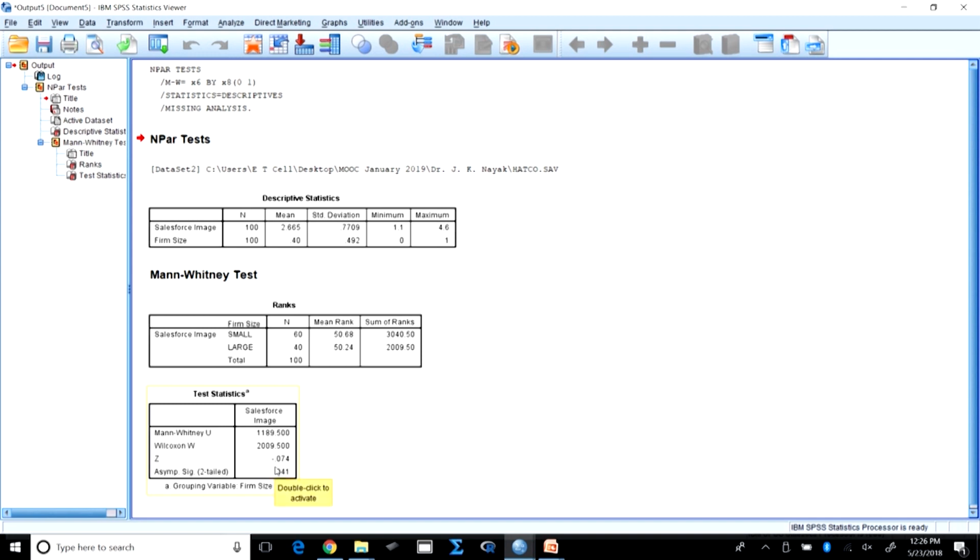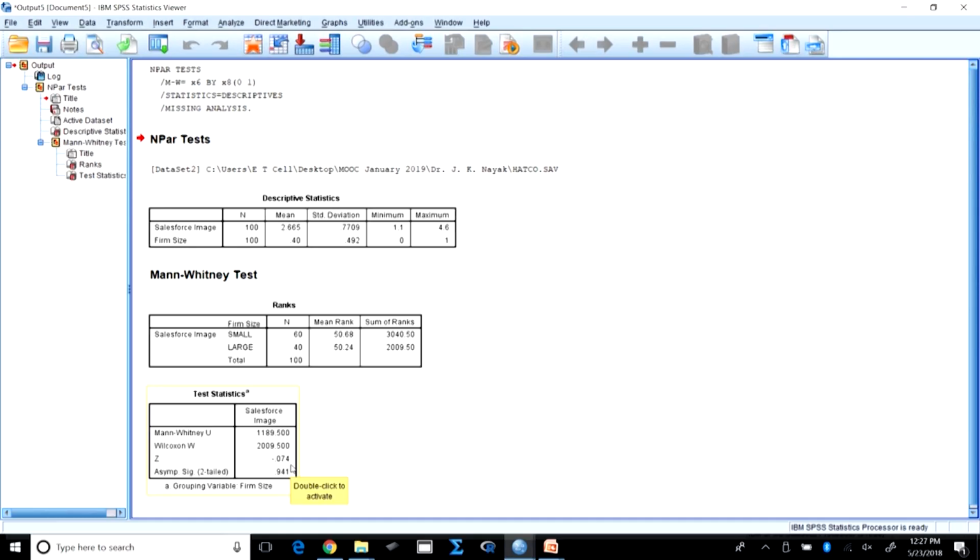If you remember from the earlier classes, when you have a significance value of 0.941, it is two-tailed because the value can fall either to the left or to the right. So, 0.941 means the null hypothesis, which said that there is no difference between the Salesforce image in small versus large firms, is not rejected, because it is above 0.05.